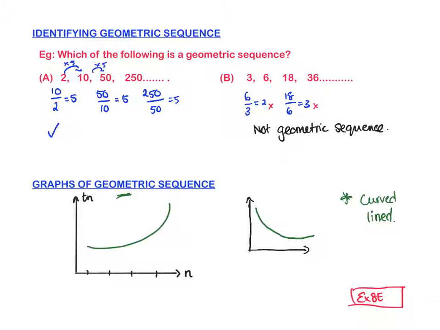Just talking back to our finance, because remember I told you these are going to merge together next year for you. A geometric sequence is compound interest, yeah? Because even though it's going up, your interest rate is the same, but the amount gets more, doesn't it, as your investment gets more? So the ratio is the same, but the amount's getting more.